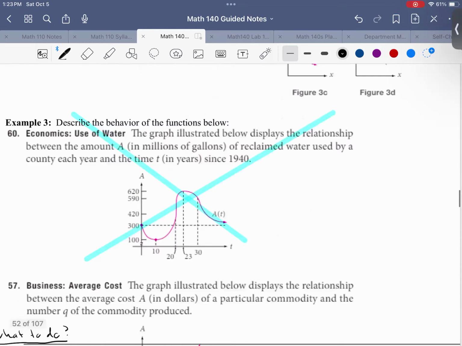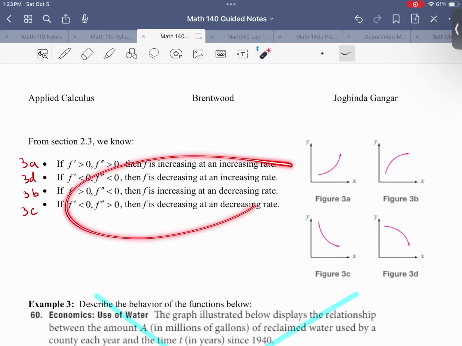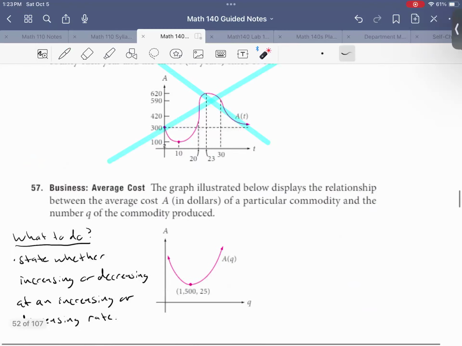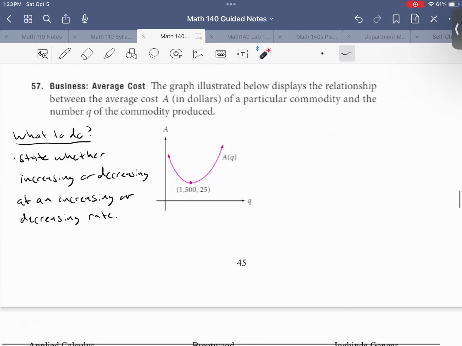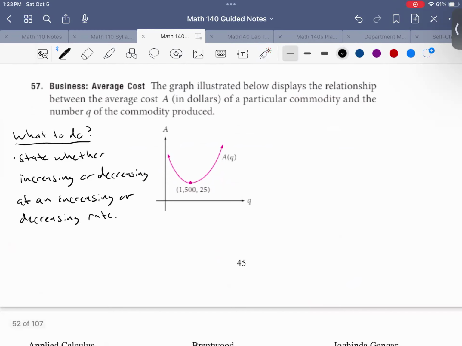So you want to follow along these guidelines here. Are we increasing at a decreasing rate, etc.? So we want to notice those things and we want to state those things. So that's one thing we want to talk about.